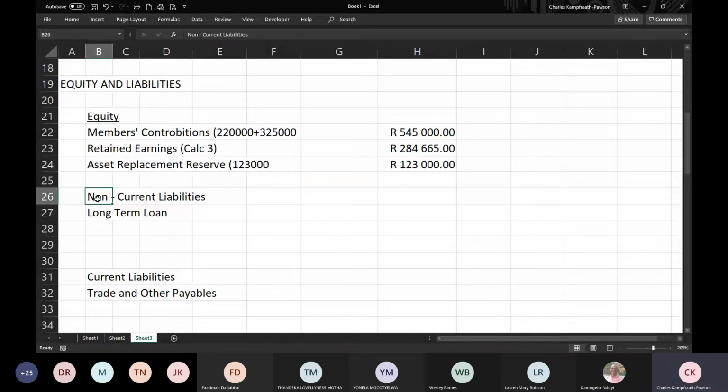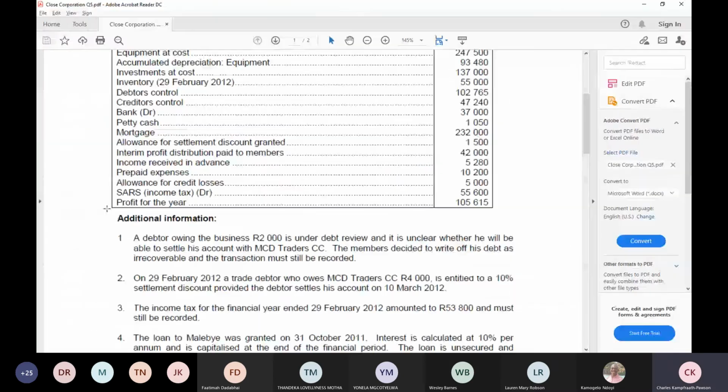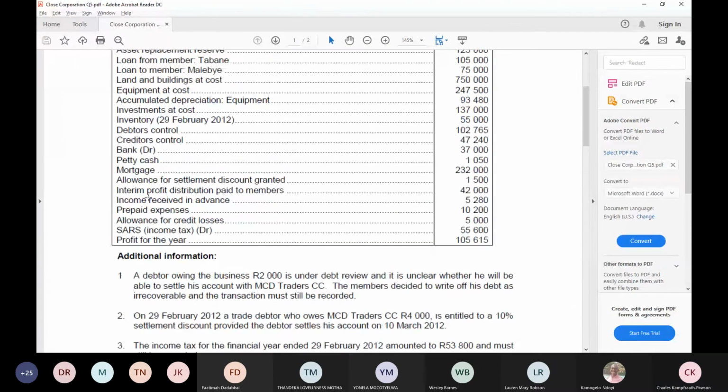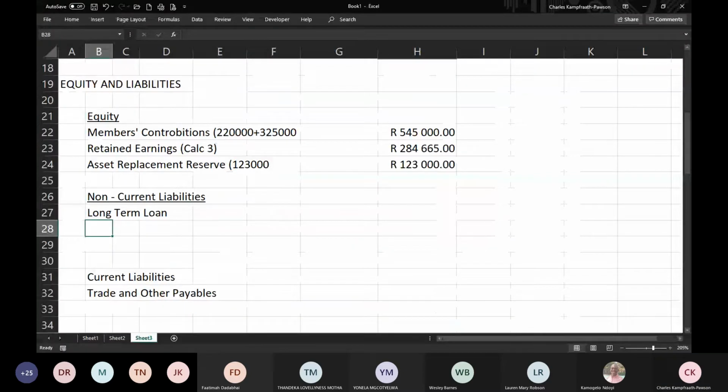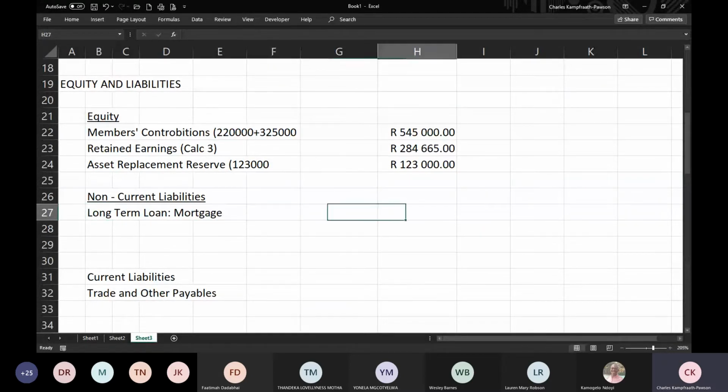Then let's move on to the long-term loan. Long-term loan, firstly, there was the mortgage loan, $232.